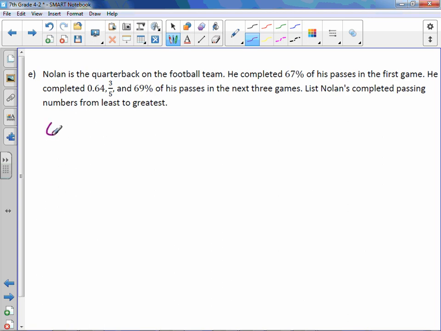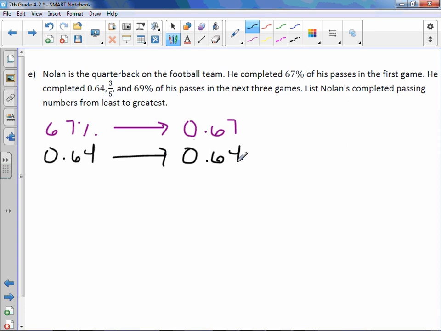So let's start with 67%. That would be, as a decimal, 0.67. 0.64 as a decimal is simply 0.64. 3/5 I can make into a power of 10, which would be 6/10, or 0.6, and again add a 0 to fill in the gap.